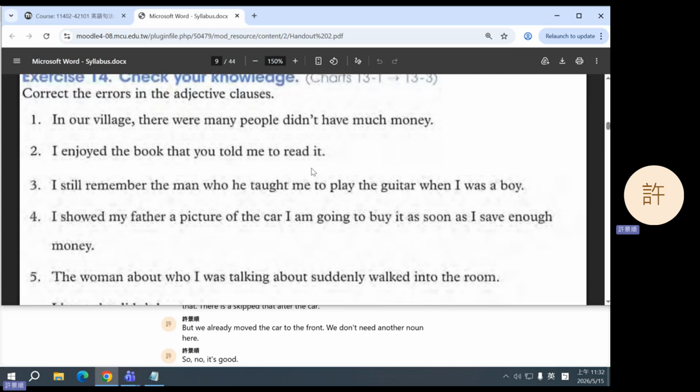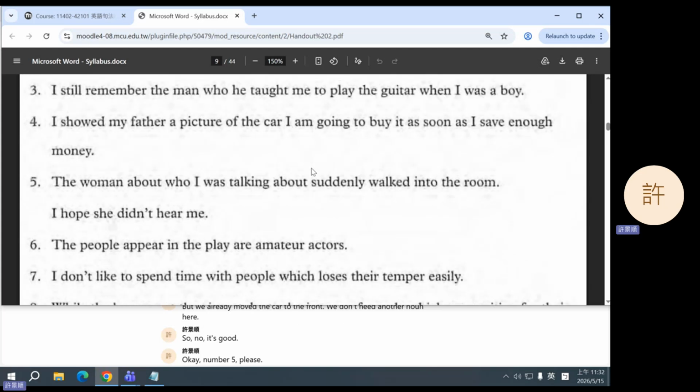Number five, please. Do you see a mistake? Okay, that is one way to solve the problem. Good. There are two "abouts." We only need one.